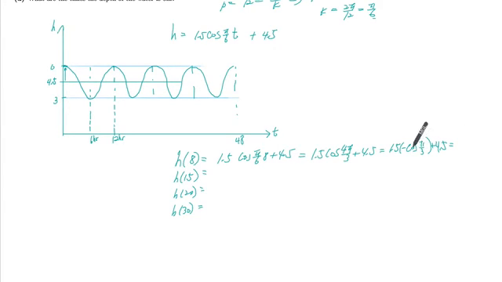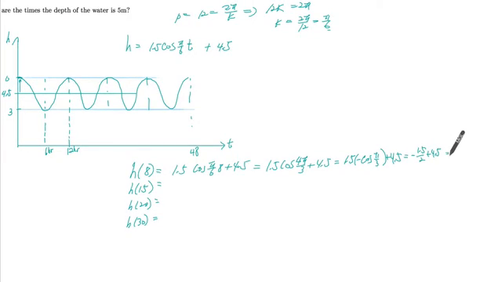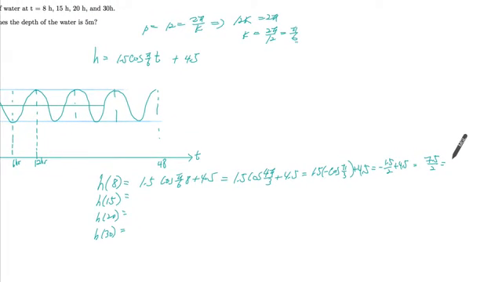Pi over 3 is half, so this is negative 1.5 over 2 plus 4.5. So that's 9. 9 subtract 1.5 gives you 7.5 over 2. Just divide that, you get 3.75.